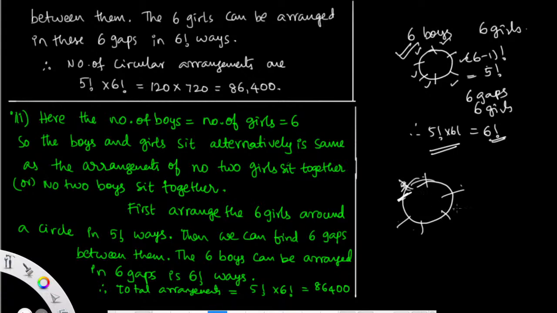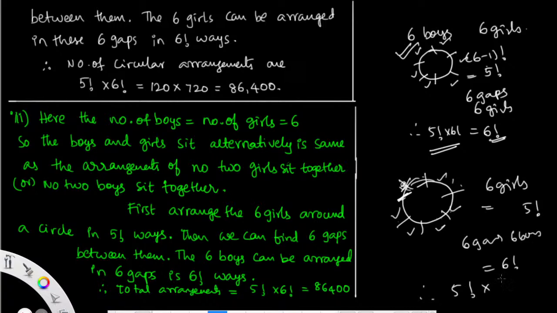So first we arrange the 6 girls in a circle, in 5 factorial ways. Now we find 6 gaps again: 1, 2, 3, 4, 5, 6. In these 6 gaps we arrange the 6 boys in 6 factorial ways. Therefore, the arrangements are 5 factorial into 6 factorial ways.